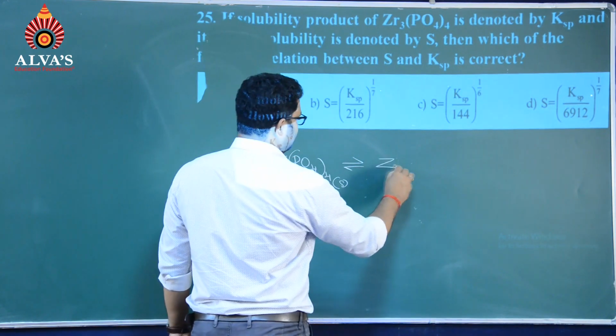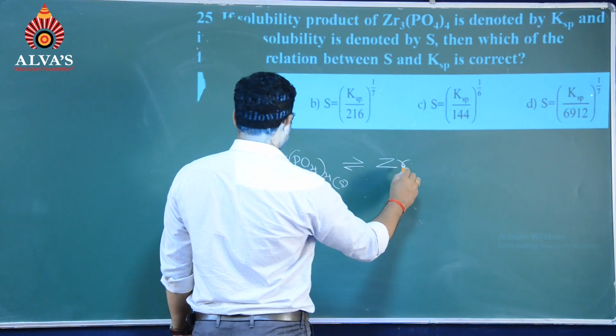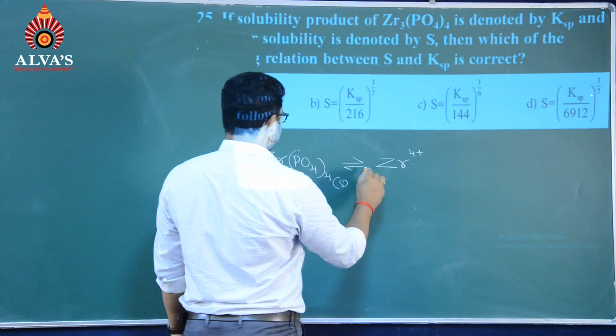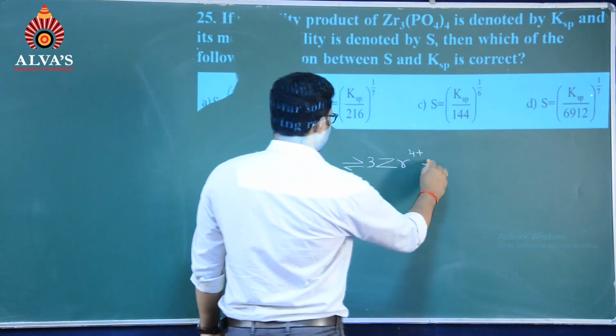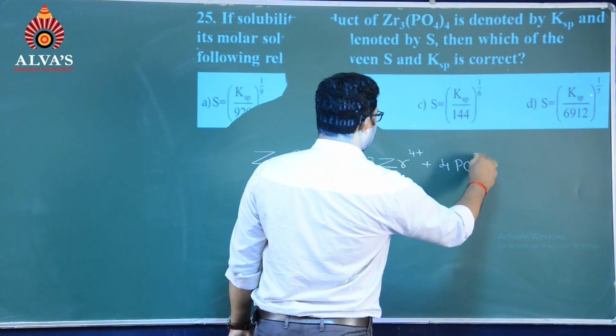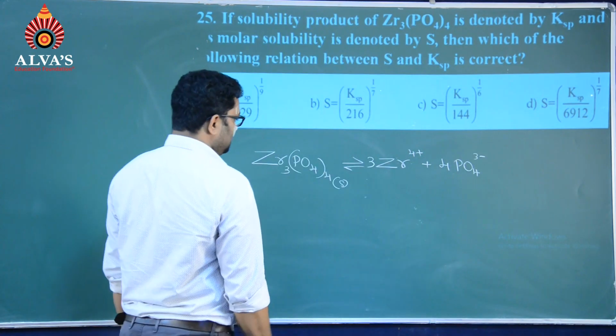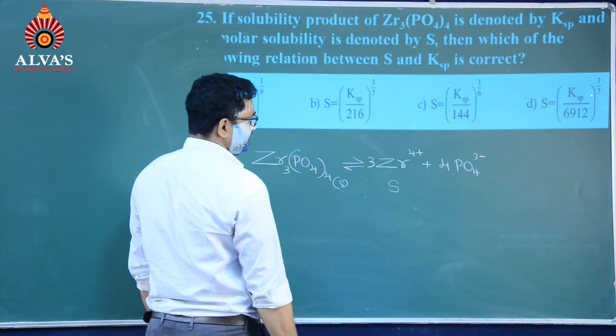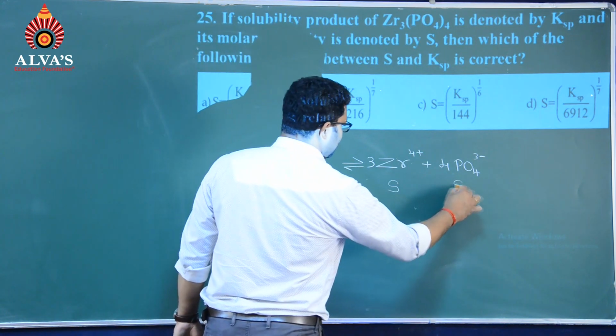The ionized products are 3 Zr4+ plus 4 PO4 3-. Now, if it has solubility S, it is also S.